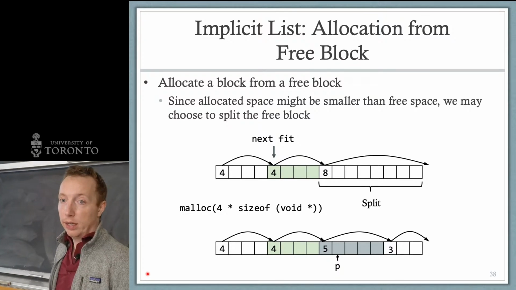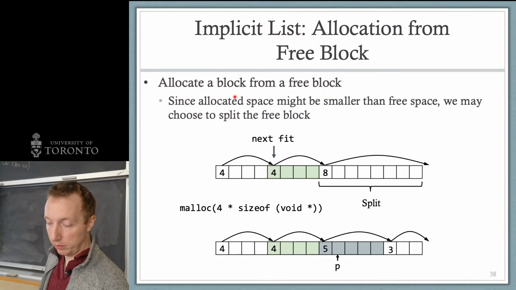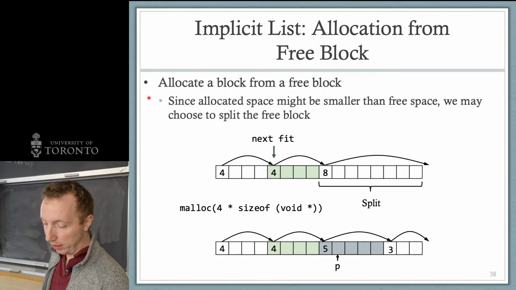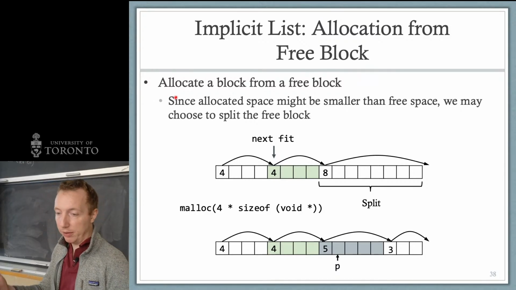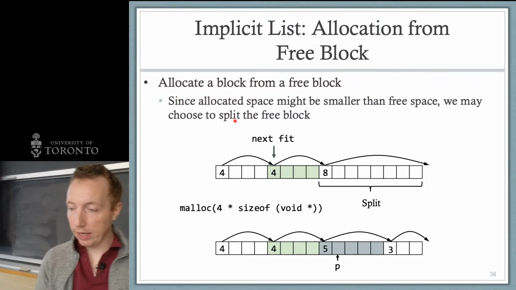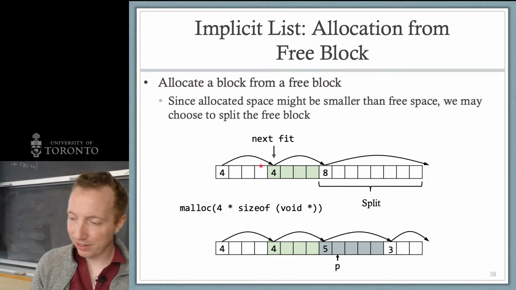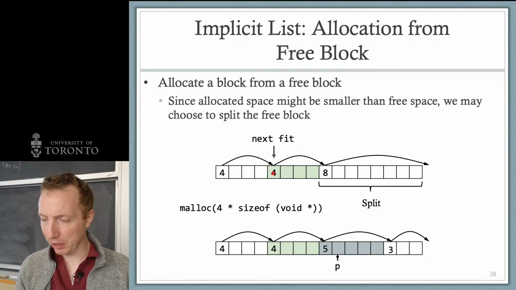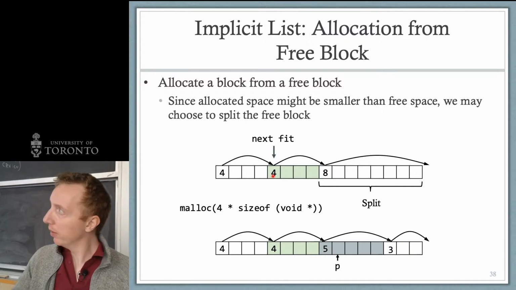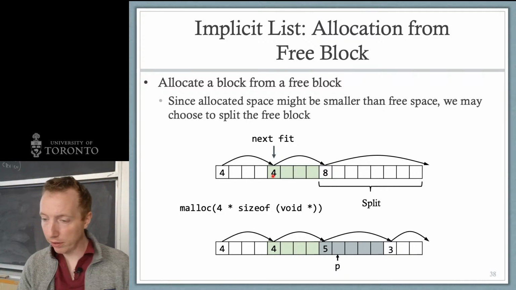So if we are doing some allocation from a free block, right? Let's say we're just getting some block of memory. Say if we're doing next fit, we're here. This doesn't quite fit. So this is all allocated now.